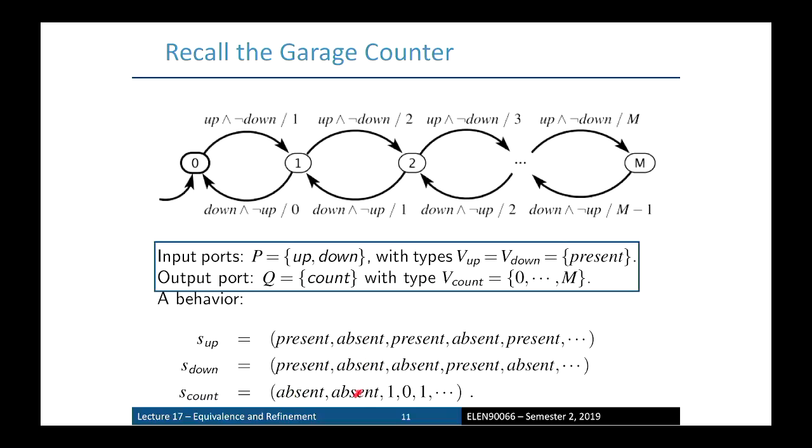We have both absent, well, the count is absent. We have a car enter, goes up, goes to 1, car leaves, goes to 0, car comes in, goes to 1, etc. So you can see the sequences here.